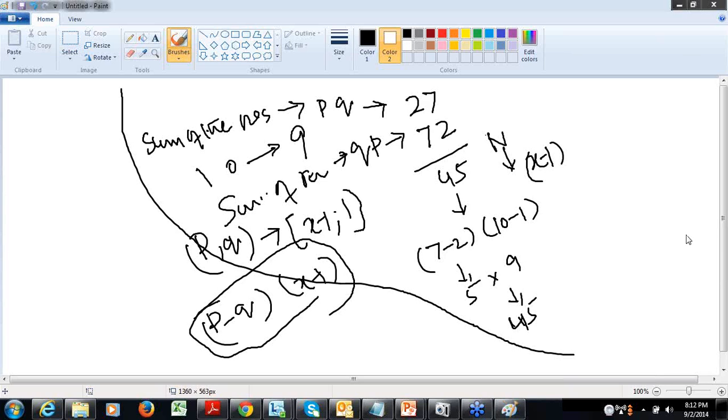Nishant, where have I taken 7? 7 is an example that I have taken for a base 10 number.